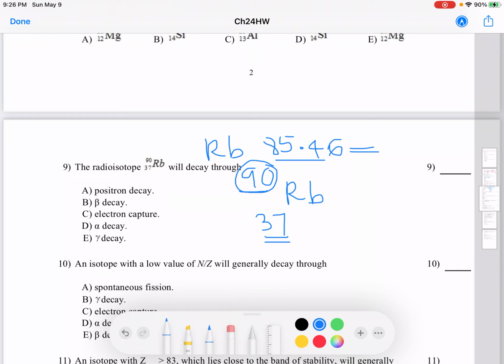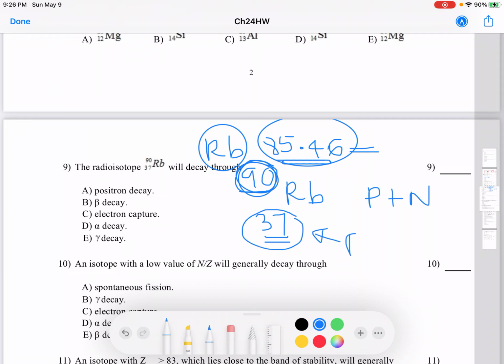First you locate rubidium in the periodic table, find out the atomic mass given from the periodic table, and see if the given number is greater or less. So the given number 90 is greater than the atomic mass. Mass is protons plus neutrons. So this is the protons.